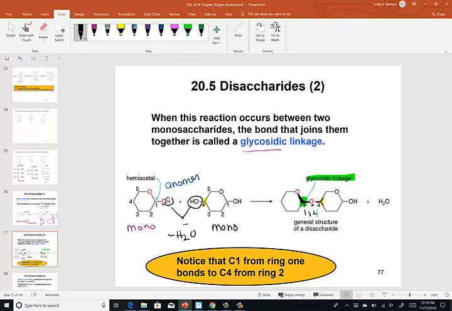In a 1,4 glycosidic linkage, carbon 1 from the first ring bonds to carbon 4 in the second ring, and to do so we dehydrate, minus HOH, creating the linkage between the 2 sugars.